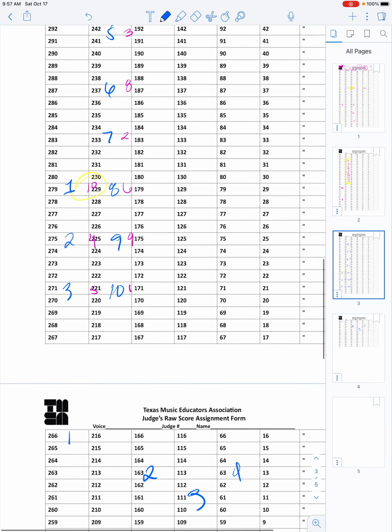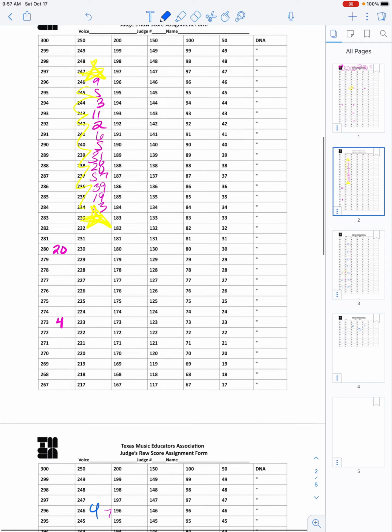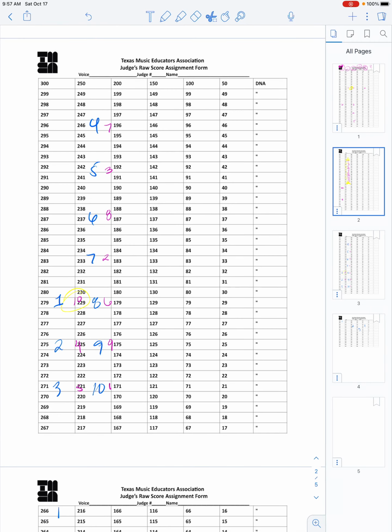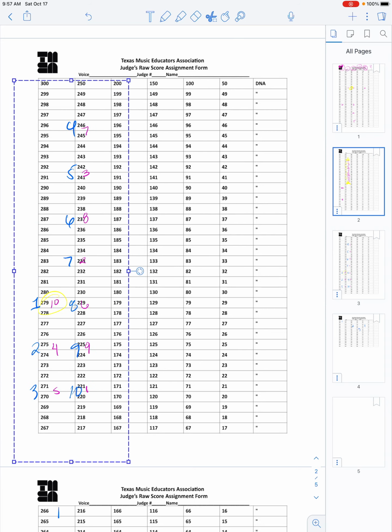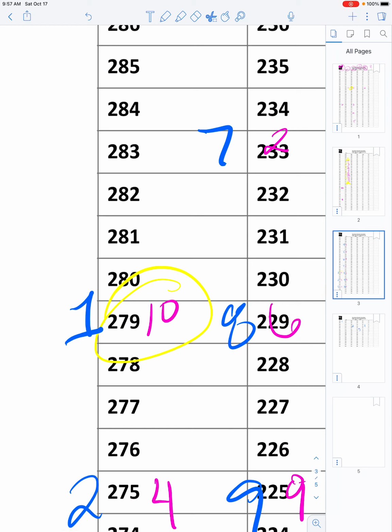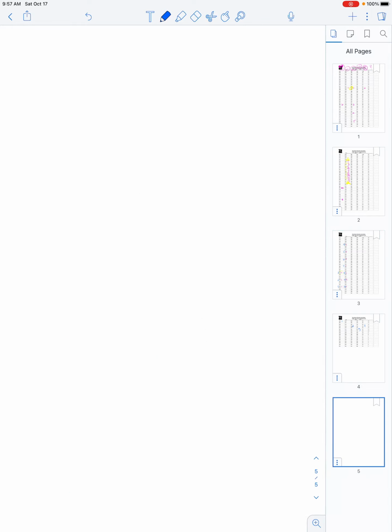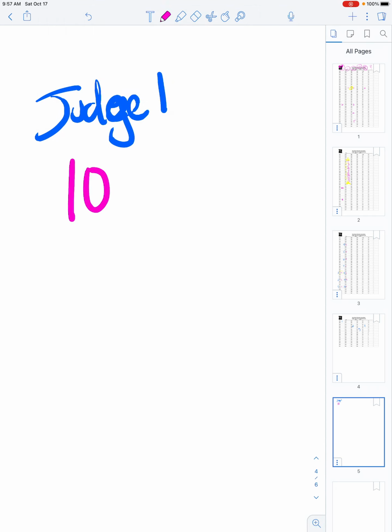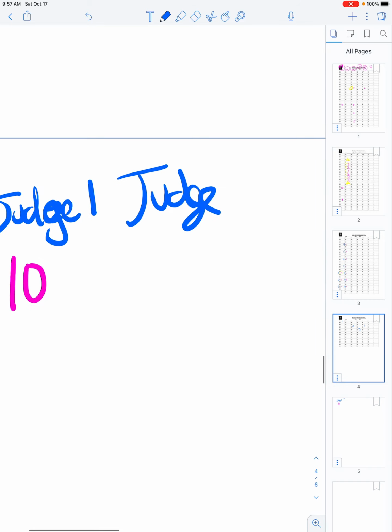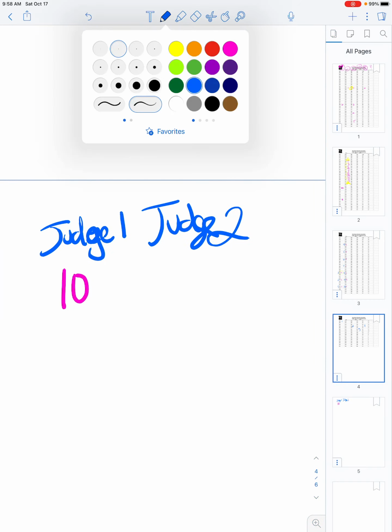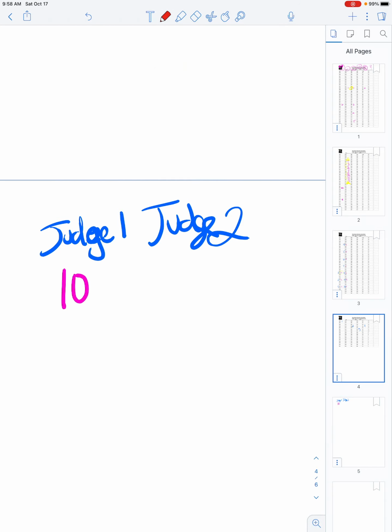So what happens in tabulations is this: let me redo this real quick, because that's kind of a confusing way to think of it.